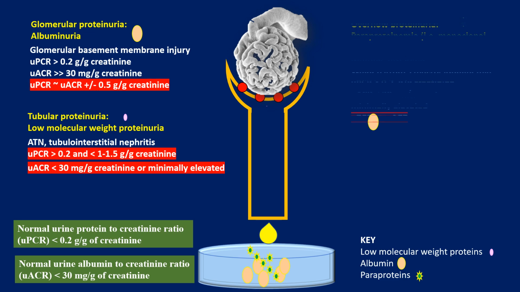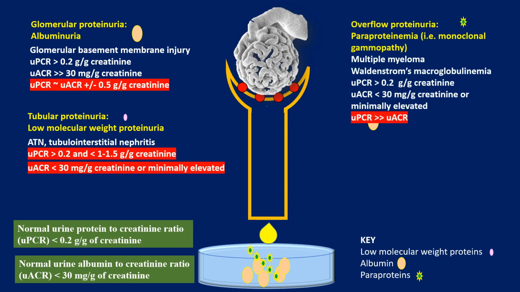This leads to proteinuria made up predominantly of light chains. This type of proteinuria is called overflow proteinuria, which may be seen in patients with multiple myeloma or macroglobulinemia. In patients with paraproteinemia, where the glomerular basement membrane is still intact, there will be minimal or no albuminuria.